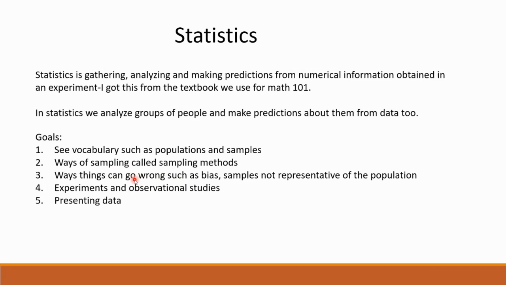And not today, but what I do expect to go through are experiments and observational studies. And yes, we do experiments when we analyze populations, but we can also consider observational studies. Experiments are usually what people in the medical field use when they're testing a new drug, for instance, a vaccine like the COVID vaccine.